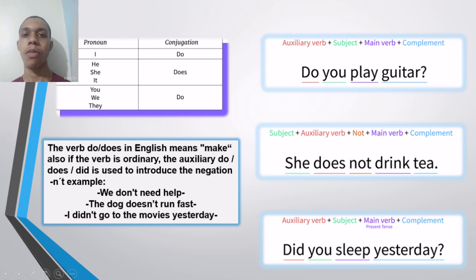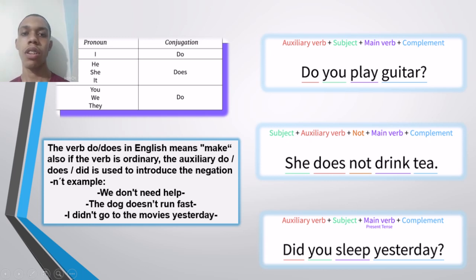Remember, with the verb to be, you cannot use the auxiliary verb do to negate. To negate the verb to be, I must use not. For example, I say she is not a teacher.